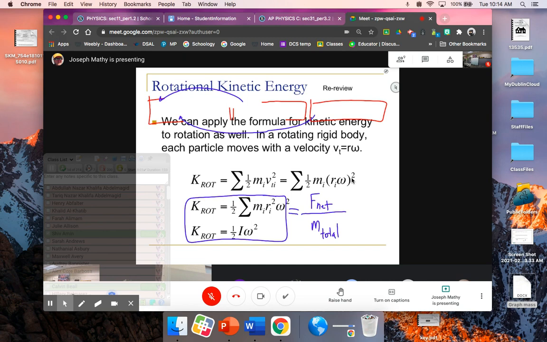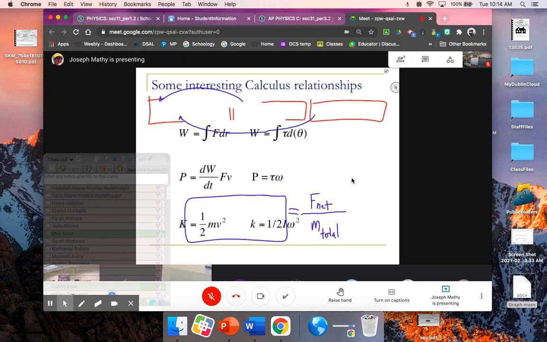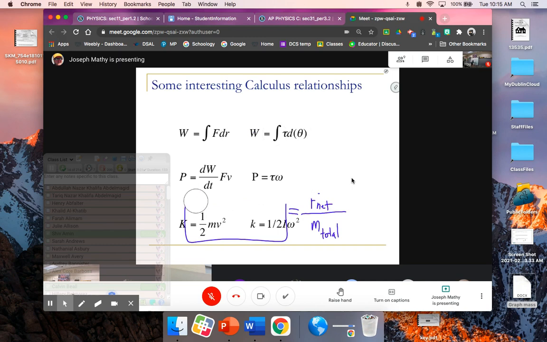I think we're all very comfortable right now knowing that the rotational kinetic energy is 1/2 I omega squared. All right? You do get some interesting calculus relationships from all of these objects. These will also be given to you on the AP exam, and none of them are really all that wacky.